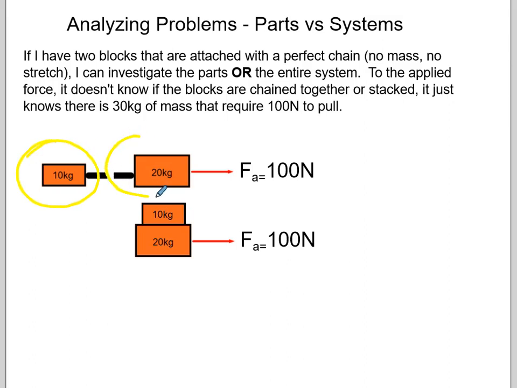We could investigate just the forces acting on the 20 kilogram, or we could start to look at this thing as a whole system, and that would be as if those 2 things were combined. Okay, so either way, that applied force of 100 newtons, it doesn't know whether there's a 20 and a 10 linked by a chain or a 20 and a 10 stacked on top of each other. Okay, so that's just something to consider as we move into more challenging problems in the next day or 2.